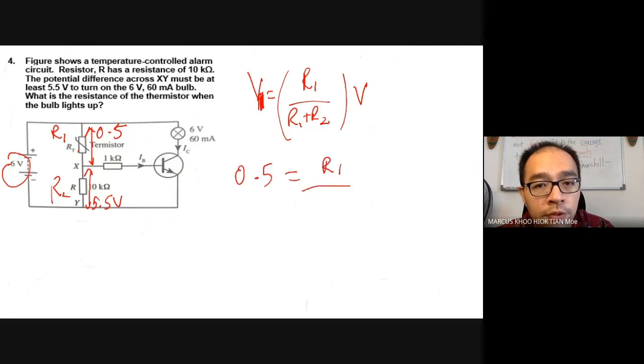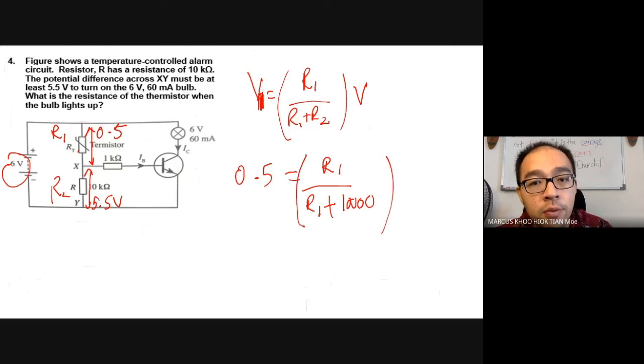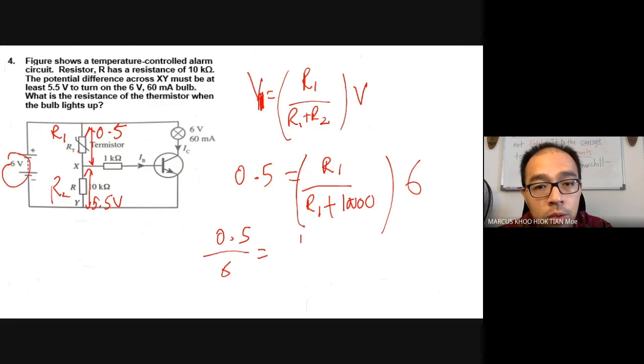R1 over R1 plus 10 kilo ohms, so 10,000, times the total V, which is 6. We get 0.5 over 6 equals R1 over R1 plus 10,000.